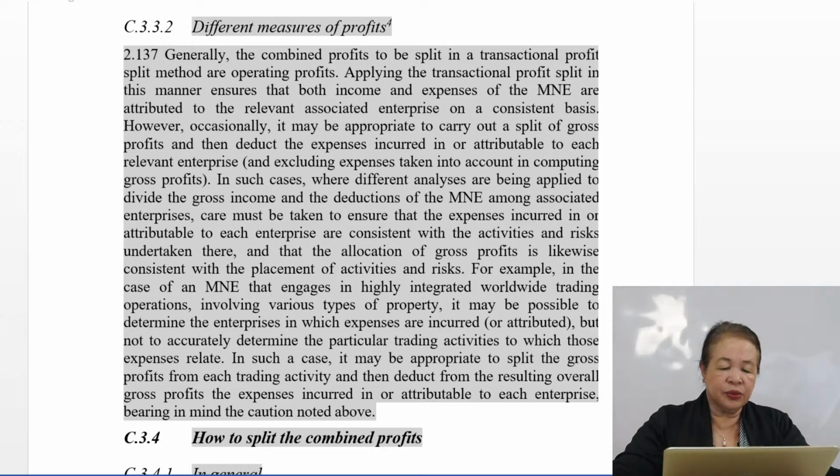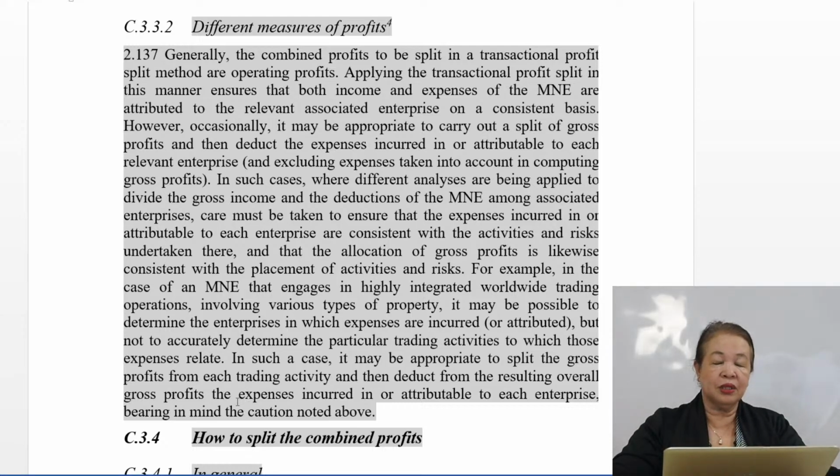So in such cases where different analyses are being applied to divide the gross income and the deductions of the MNE among associated enterprises, care must be taken to ensure that the expenses incurred in or attributable to each enterprise are consistent with the activities and risks undertaken there, and that the allocation of gross profits is likewise consistent with the placement of activities and risks. No? So, importante na may consistency. Why? Kasi kung ano yung basis mo, dapat consistent, like allocation of risk.